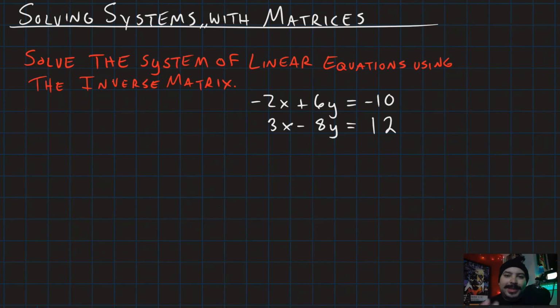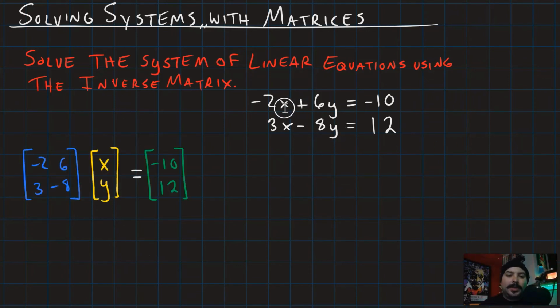Now that we know about the identity matrix and the inverse matrix, we can use these concepts to help us solve a system of linear equations as seen here. So our system is -2x plus 6y equals -10, and 3x minus 8y equals 12. So first things first, let's create the matrix equation.